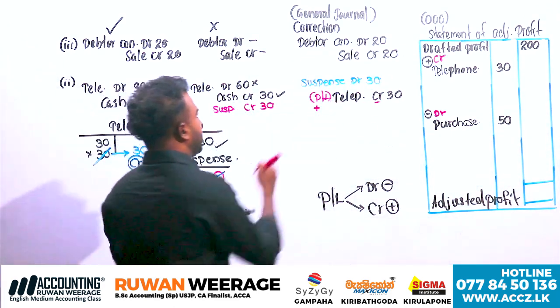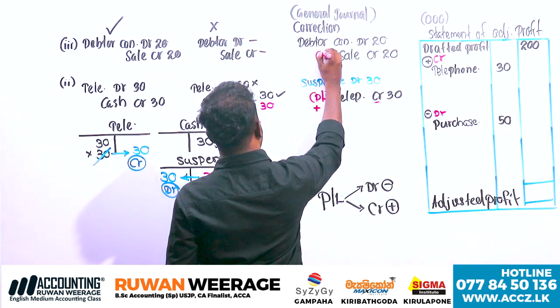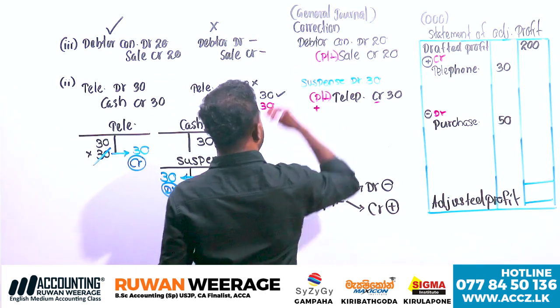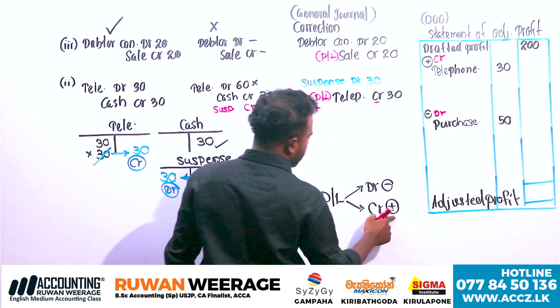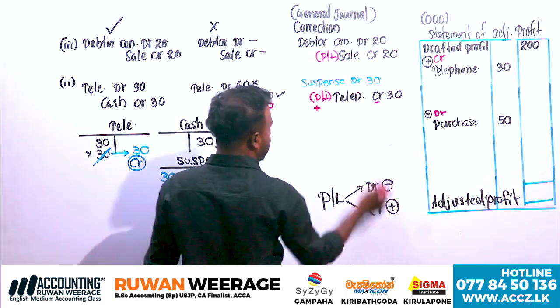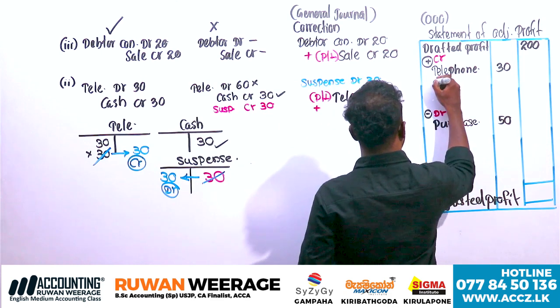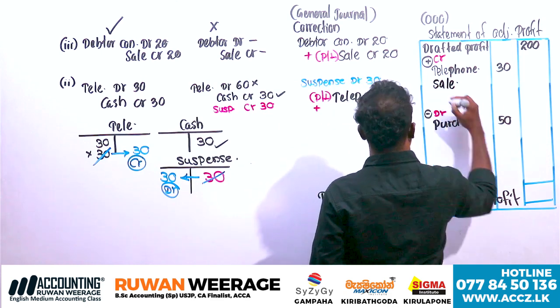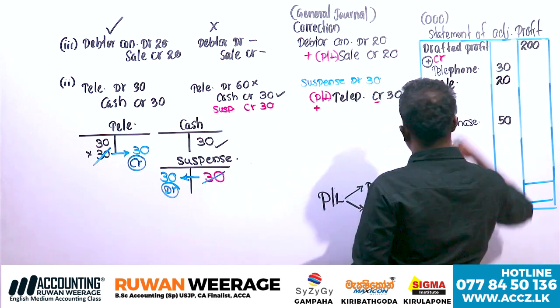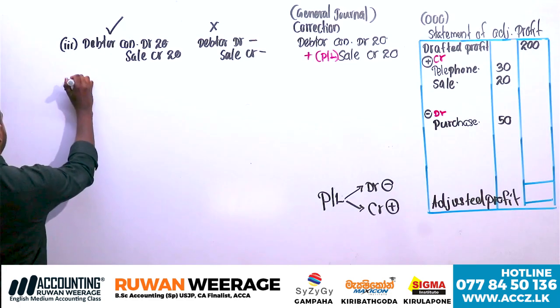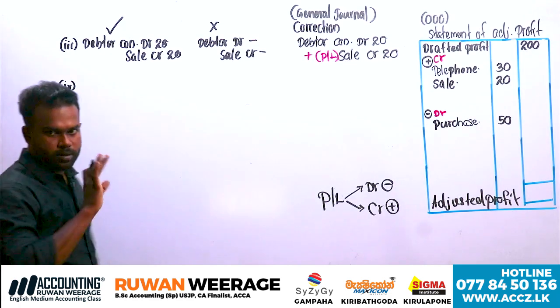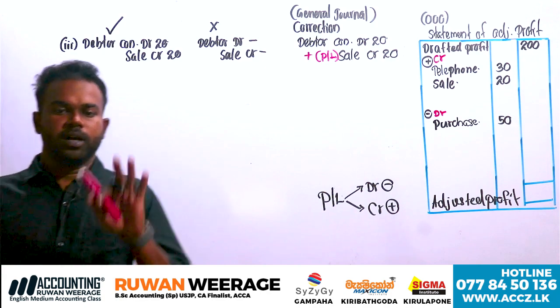Please put the P&L word. In the P&L, what happened? Credit. Credit now what? Plus, add. Here sales 20,000. Oh, okay, any question? No? Clearly? Right. Next one.